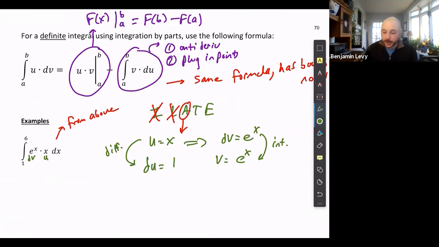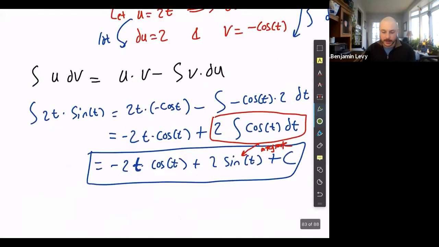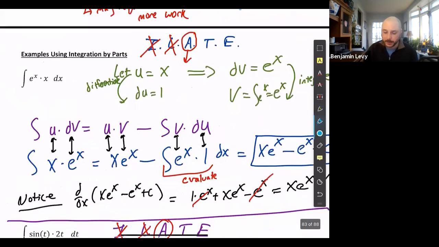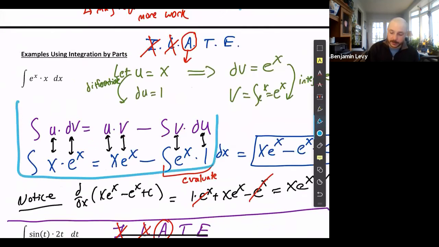Okay, and then we just write down uv minus the integral of v du, but now we have the bounds, right? So I'm going to slide up here and show you where I'm copying this from. I'm going to copy that exact same thing we had before, except now it's going to have the numbers 1 and 6 associated with it.